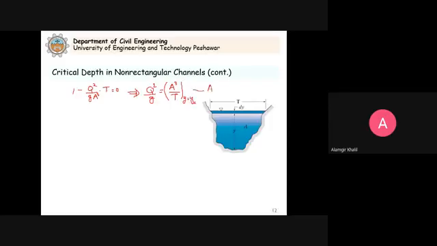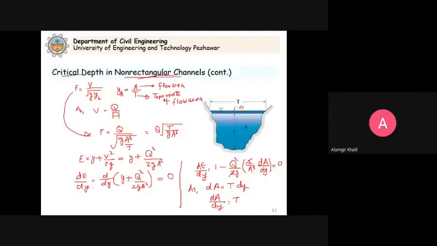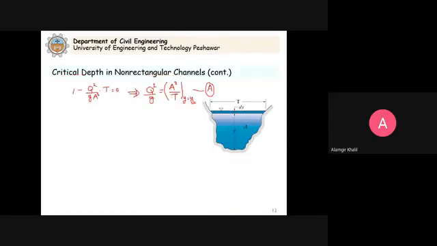So this is the important equation. This equation A, Q square by g equals A cube divided by T, must be satisfied for critical flow, because we differentiated dE by dy to find yc.